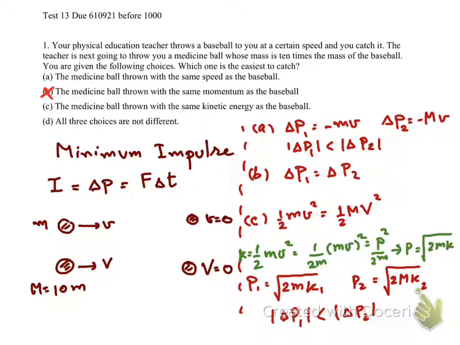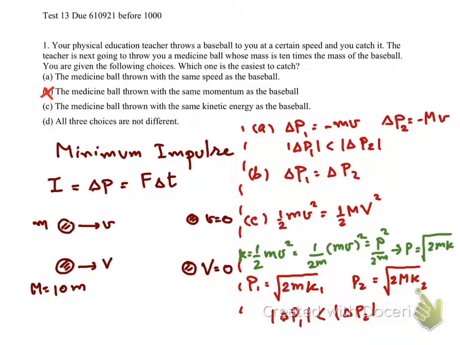Okay. The point is, what is the condition of the easiest to catch? In this case, we may say that the condition for the easiest to catch is the minimum change of the momentum. Why do we say that?